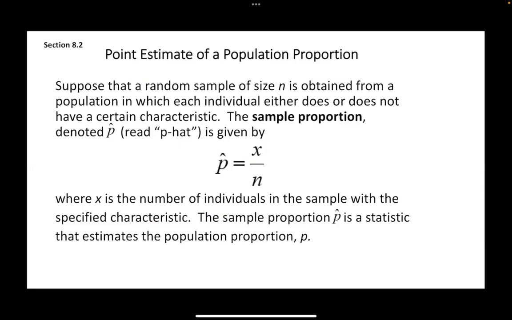We've looked at p hat before, but I don't think we called it p hat. This symbol, the P with the little caret over top of it, is called a p hat. We calculate p hat by taking the number of individuals that have a certain characteristic over our sample size. That tells us this proportion of our sample has that characteristic.